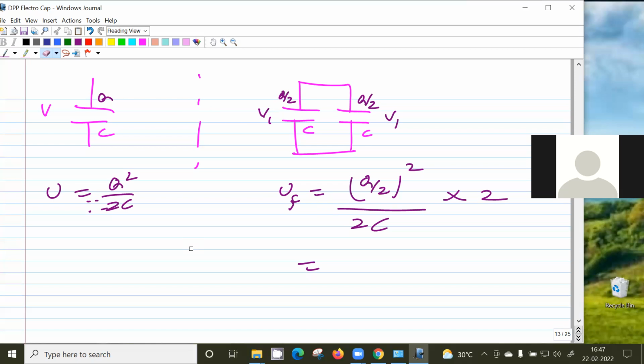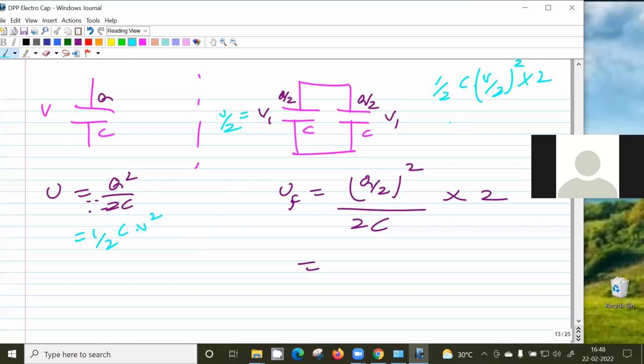So V1 is Q by 2C, which is V by 2. So this also you can write as half C V square, and then it will become half C times V by 2 whole square, times 2.